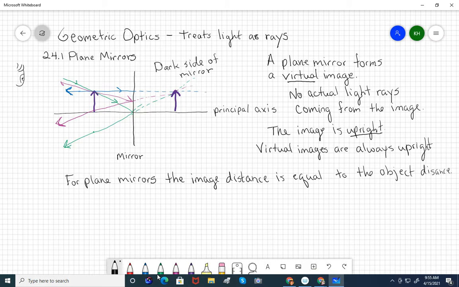Well, the magnitude of the image distance is equal to this distance from here to here, the object distance. Our book uses an S. Some books will use a D with a little.